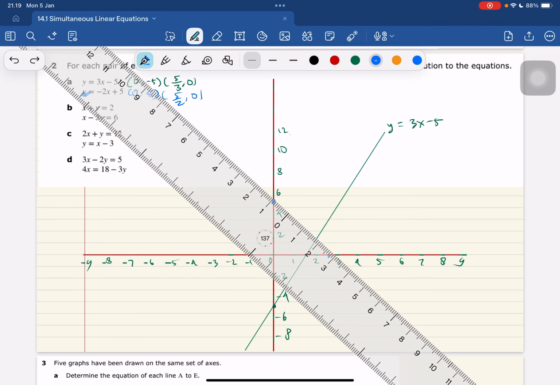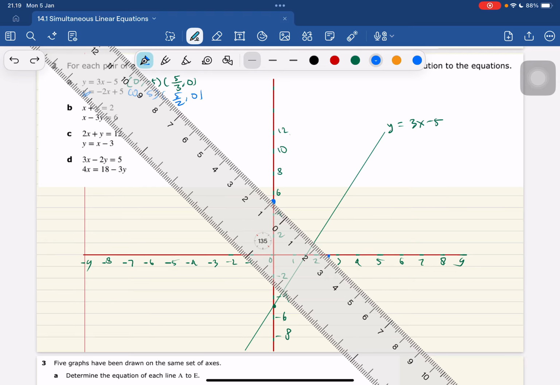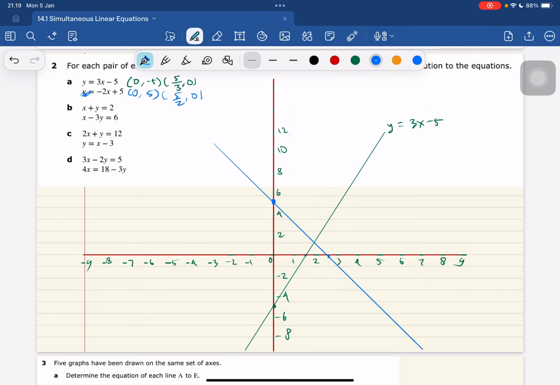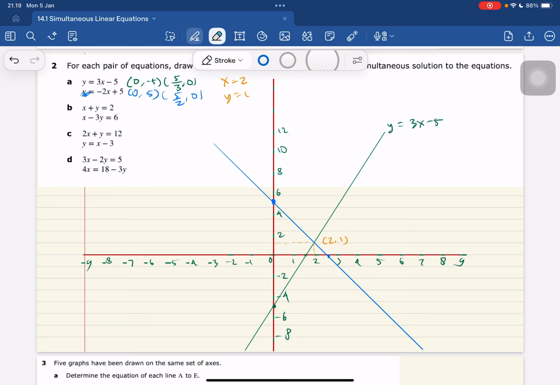We have to be careful. Okay, there it is. So x is 2 and y equal to 1. So for part a, x equal to 2 and y equal to 1. Let me mark it.